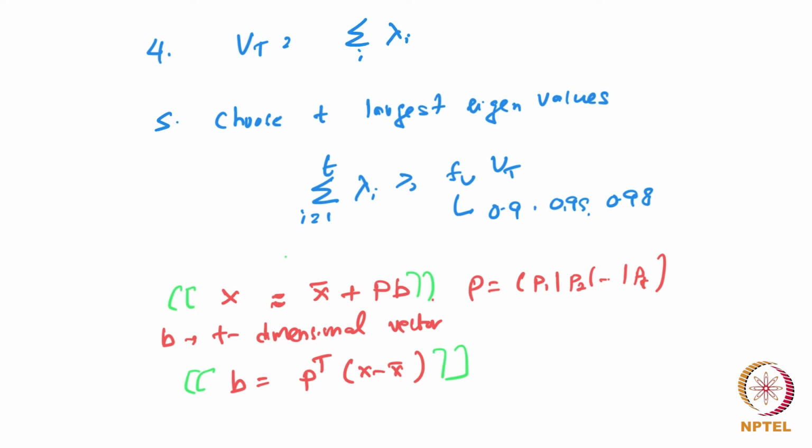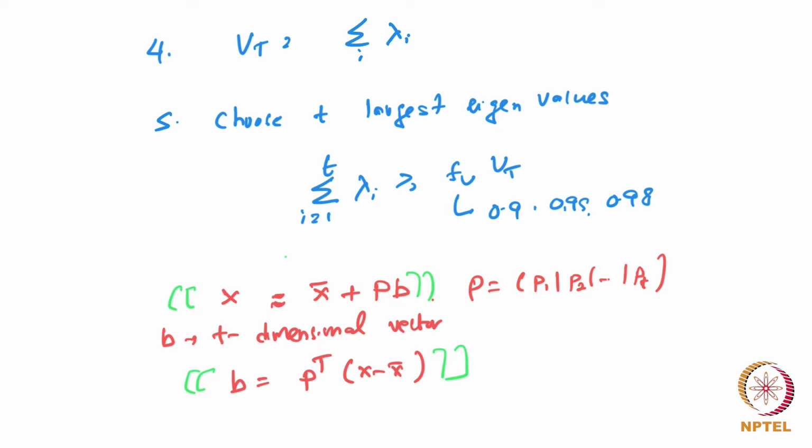So what these t eigenvectors represent is a rotated coordinate system. And the parameters b, or the new points, those are the models. So if you change b, you change the model. They are the most significant coordinates of the shapes in this rotated frame.